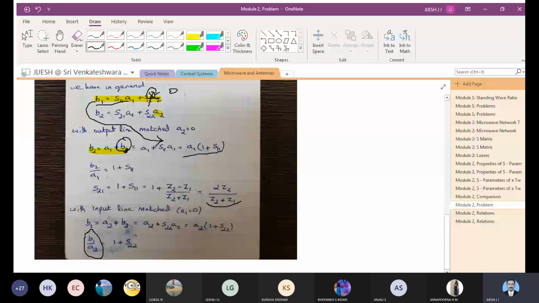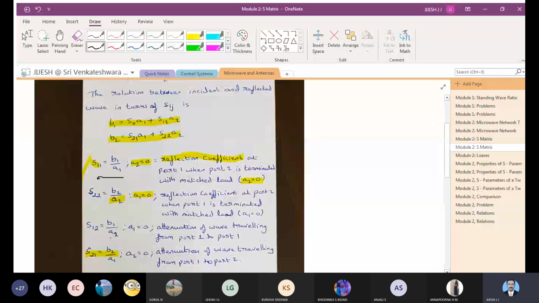You can see that it is S12. So instead of B1 by A2, you need to substitute S12.